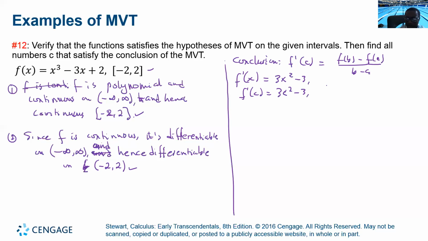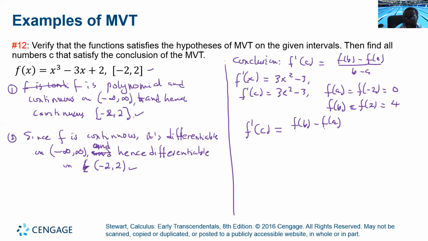Now what is f of a? My a is -2, so that is f of -2. This is going to be 0. And then f of b, which is f of 2, gives 4. So the conclusion says that f prime at a certain c is equal to f of b minus f of a divided by b minus a.